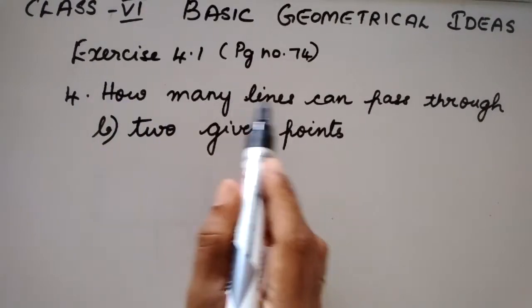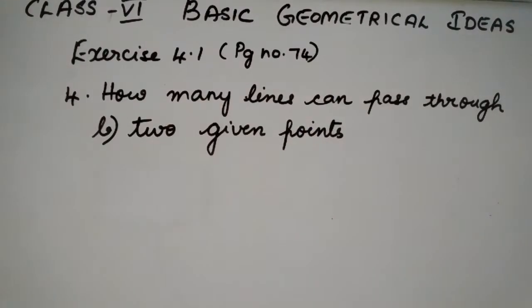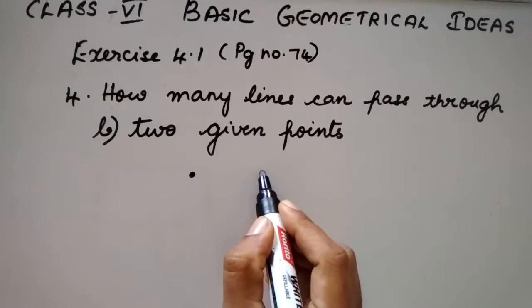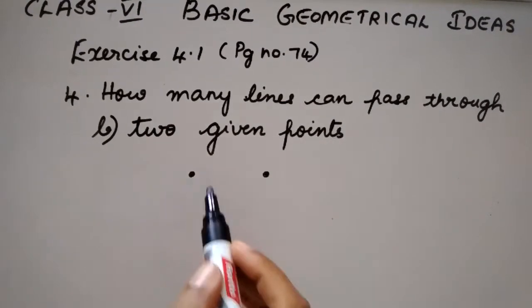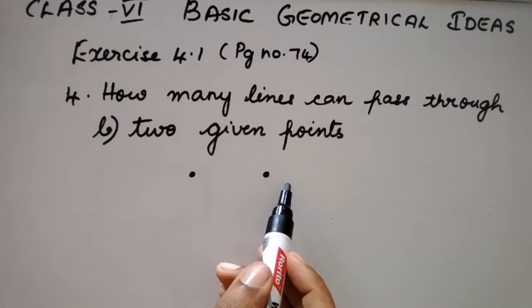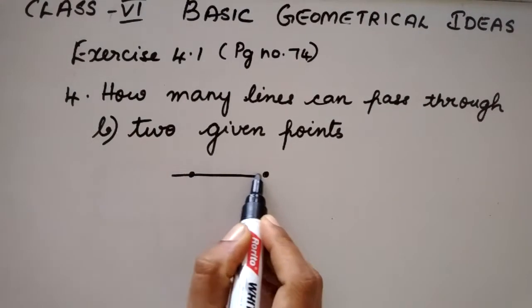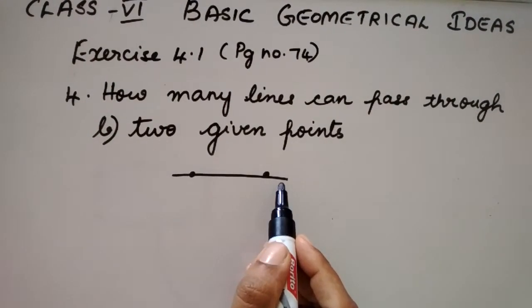Next we have how many lines can pass through two given points. When 2 points are given, how many lines can pass through these 2 points? Now suppose these are 2 points, only one line can pass through these 2 points.